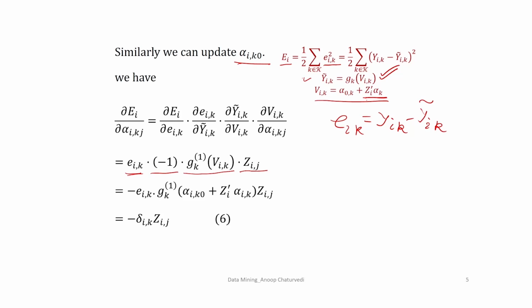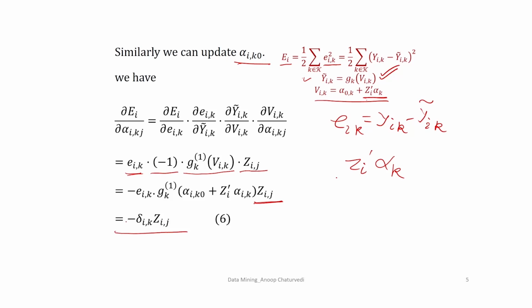Actually, in z_i^T α_k, corresponding to α_ik, you have z_ij times α_ikj, and then when we differentiate with respect to α_ikj, we obtain z_ij.